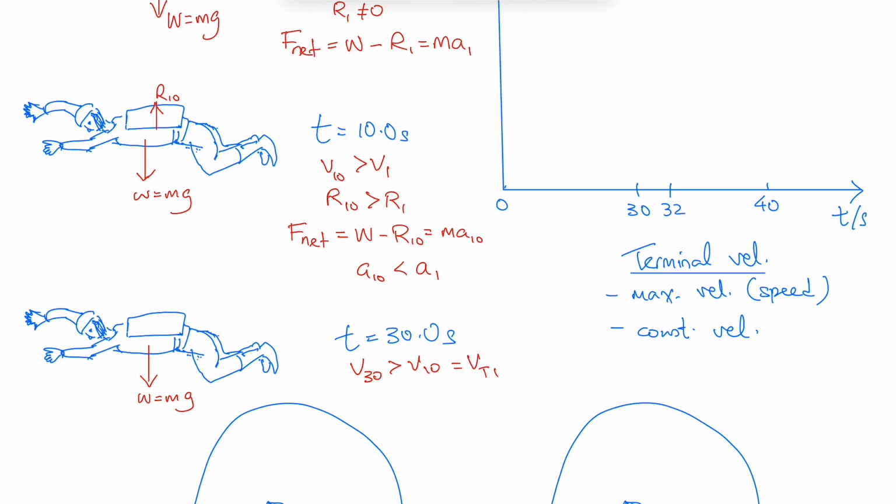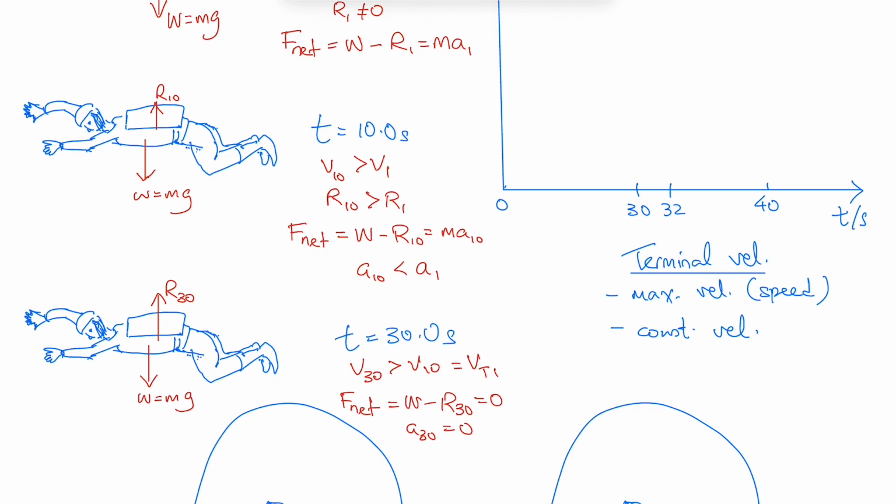I'm going to explain why later. So the upward air resistance R30 must be equal and opposite in direction to the weight, so the arrow length should be the same. And the net force now is W minus R30. Since they are equal in magnitude, it should give you 0. So at this point, the acceleration at 30 seconds is 0.